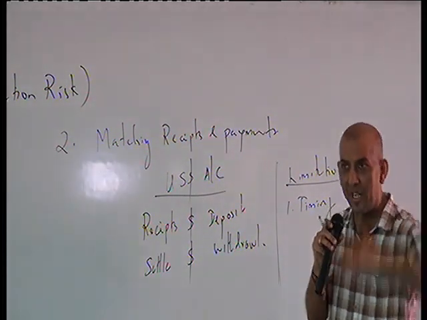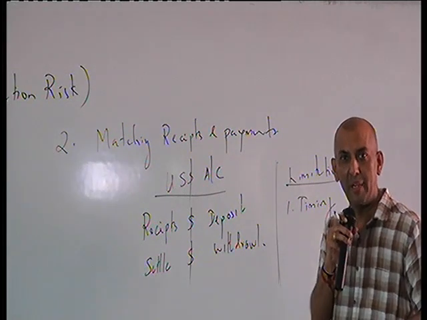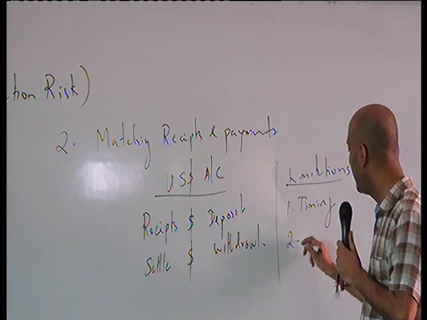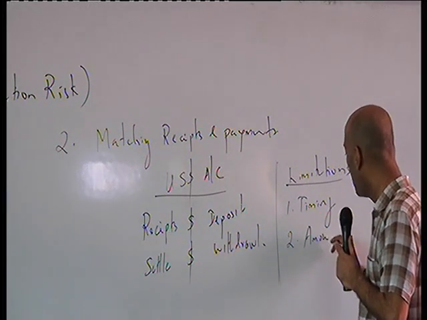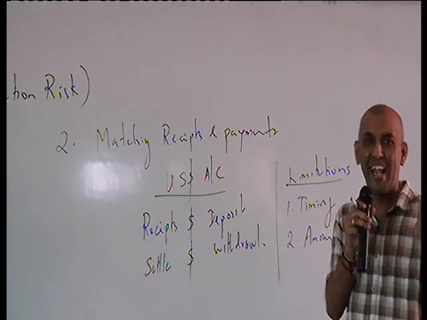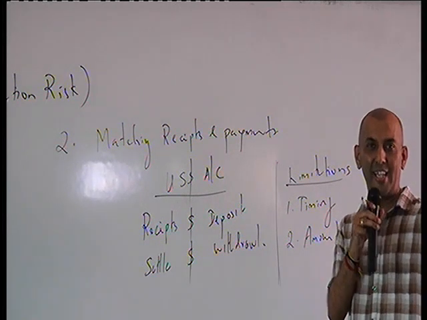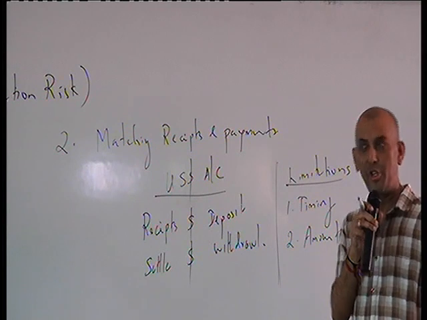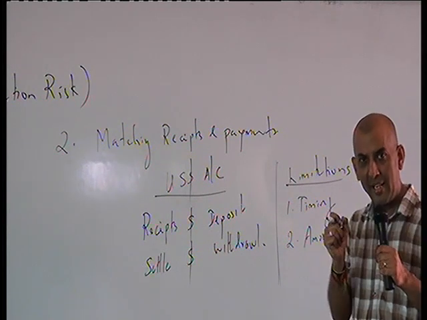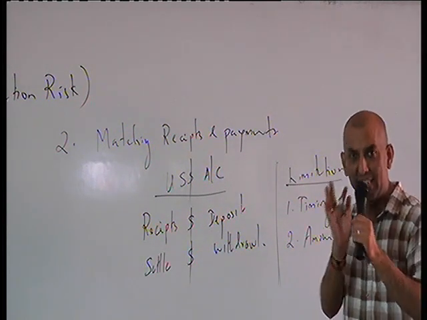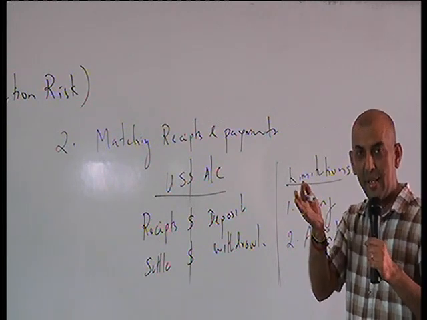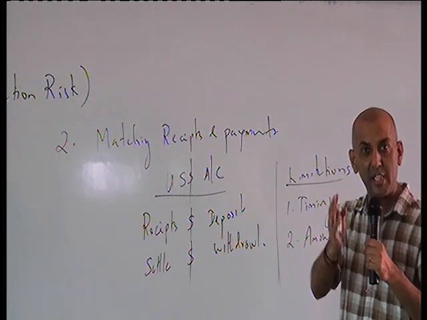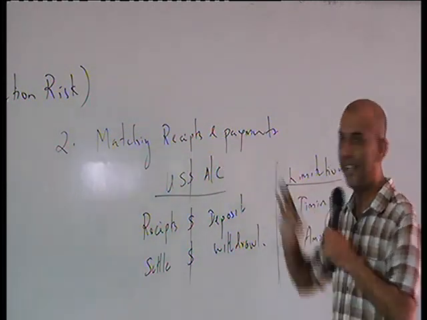Maybe the first shipment you may not match properly, later on you match it. Second, the amount. You don't get the exact amount of dollars, the exact amount of receipts and payments. It will be different. So you need to know that the timing and amount are not the same as you think, but to a great extent you manage your exchange rate risk from this technique.